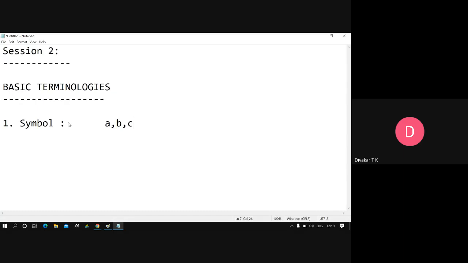Whatever alphabets I write, A, B, C, D, this is nothing but a symbol in theory of computation. Hope you understood the symbol meaning. Here onwards, if you see A, B, C, D and all, it is a symbol in TOC.